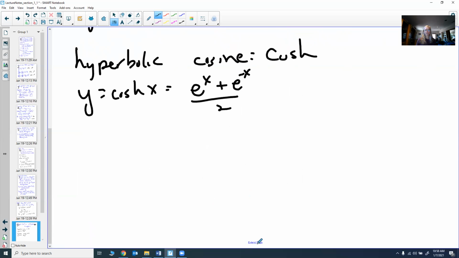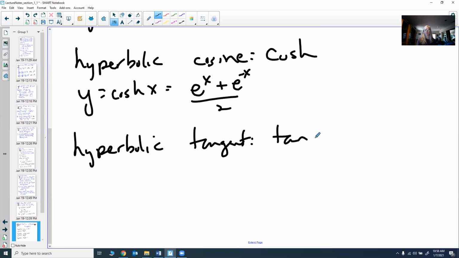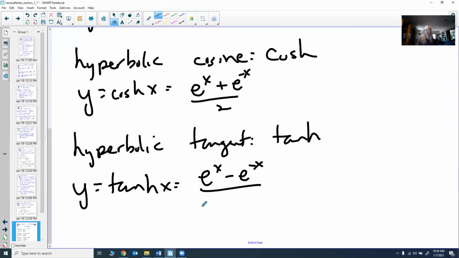And then the hyperbolic tangent, and I don't have a great name for that one. We call them cinch and cosh, but hyperbolic tangent is just tan with an H on it. I don't have a name for it. So it's just a hyperbolic tangent. And the hyperbolic tangent is e to the x minus e to the negative x over top of e to the x plus e to the negative x.